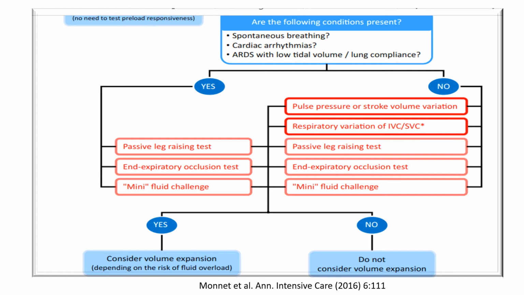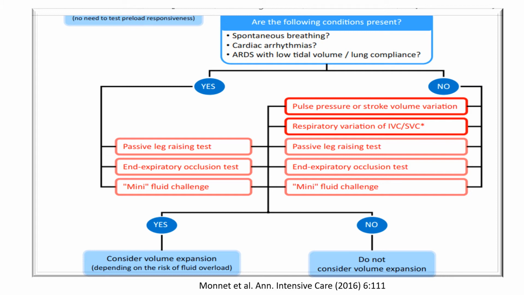Now we have talked about ventilation, whether the patient is spontaneously breathing, arrhythmias and ARDS. So if it is no, that means if the patient has no arrhythmias and is on the ventilator and he has a reasonable lung compliance, then you can use pulse pressure variation, and you can use your IVC respiratory variation also, and passive leg raising can be done in both the conditions.